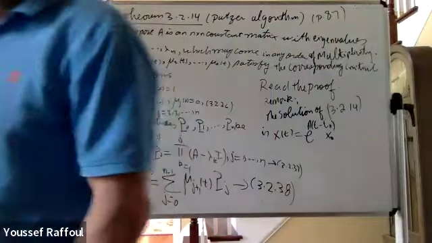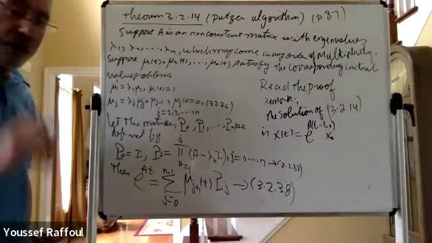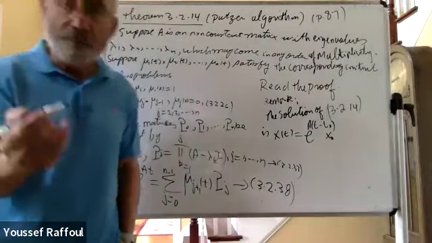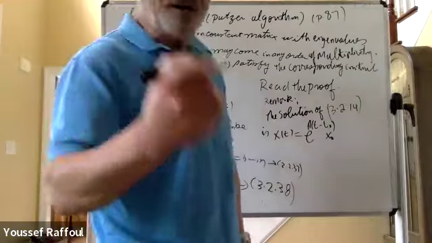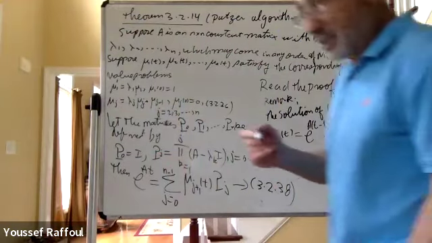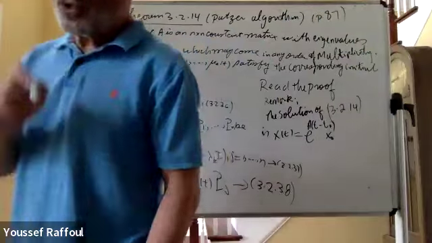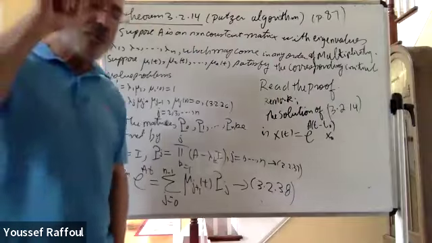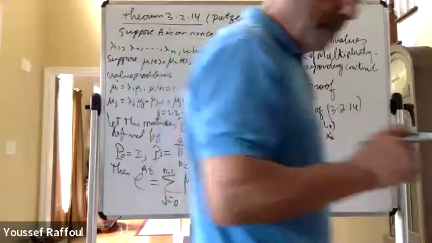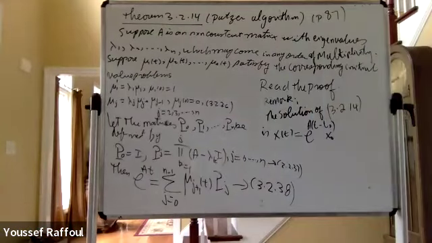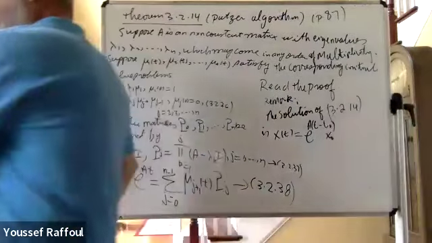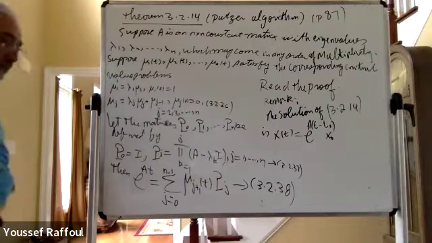Everything we've been talking about, we defined the fundamental matrix for general matrices, whether A is constant or not. But remember, we were only able to find the fundamental matrix through the eigenvalue and eigenvector when A is a constant matrix. Including this theorem. All right, any questions?